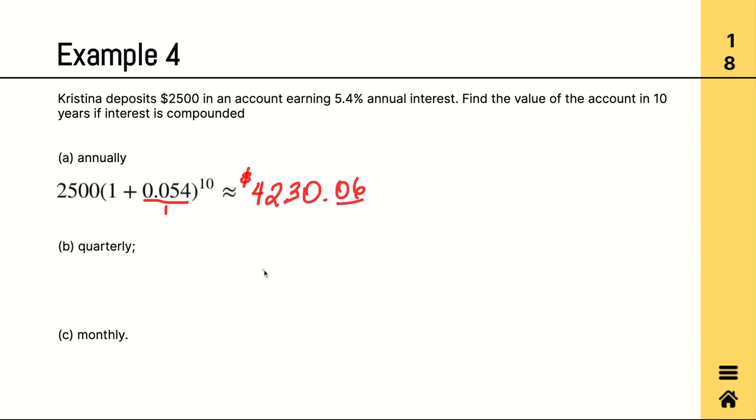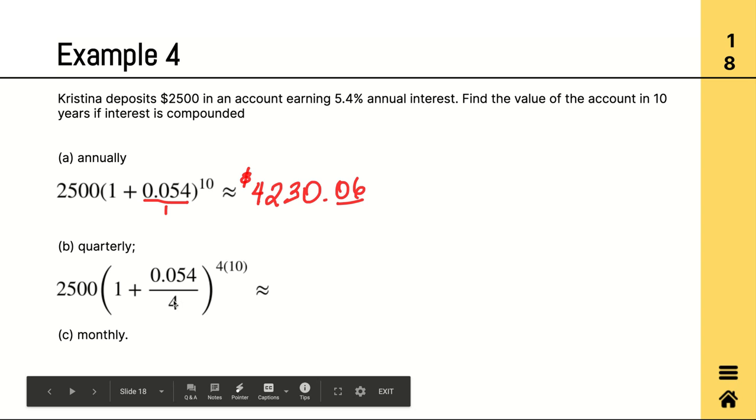Now, what if same annual interest rate, but Christina found an account that compounded that 5.4% interest quarterly? So that's going to change the formula a little bit, isn't it? So here's that one. 2,500, still the principal, times 1 plus 0.054, now divided by 4.